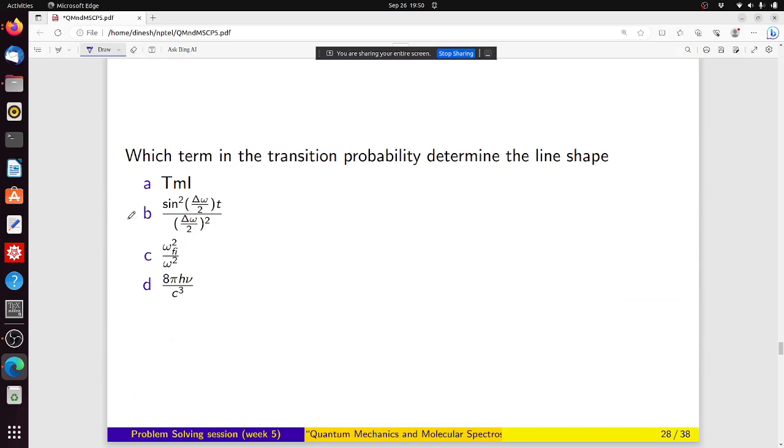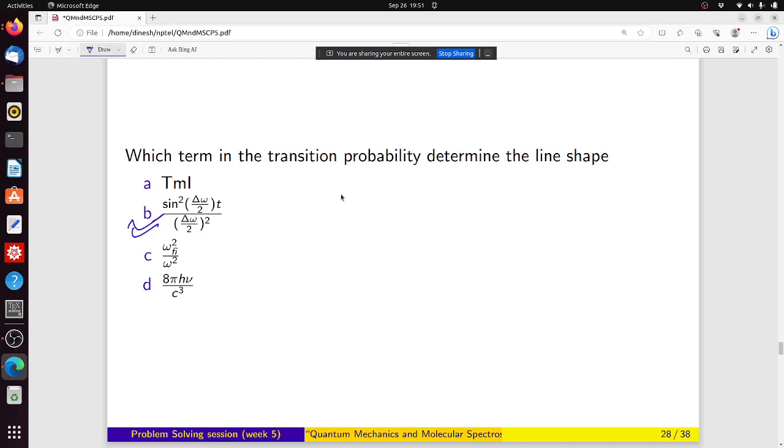Okay, moving on to the next question. Which term in the transition probability determines the line shape? It's option B. Yes, correct.